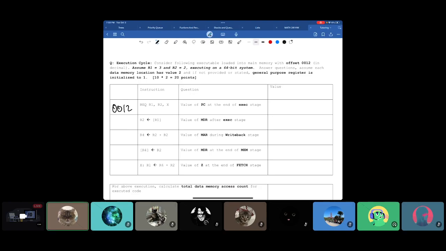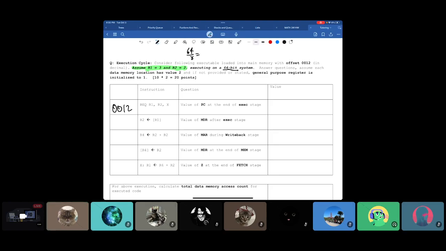And it says assume R1 is equal to 3, R2 is equal to 2, executing on a 64-bit system. So this is how we figure out what we're going to increment by, right? We take the number of bits in our system and divide it by 8.